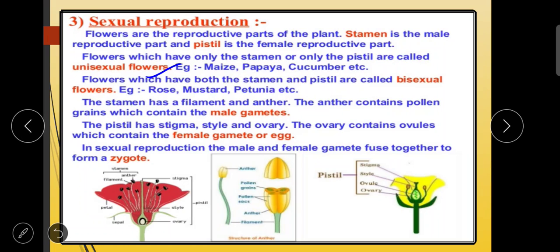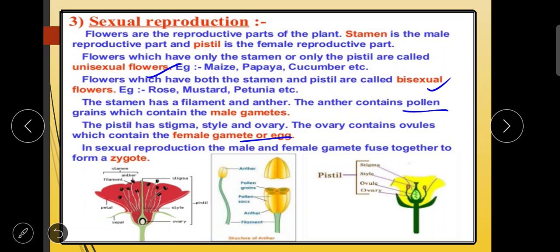Flowers which have both stamen and pistil are called bisexual flowers. Right? The stamen has a filament and anther, and the anther contains pollen grains which contain the male gametes. The pistil has stigma, style and ovary. The ovary contains ovules which contain the female gamete or egg.